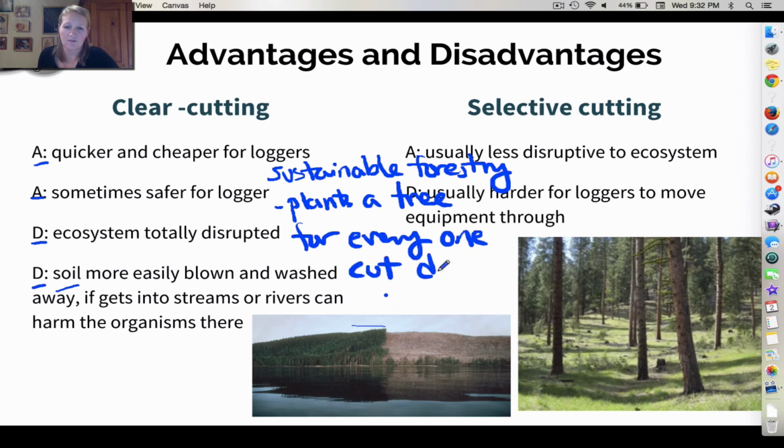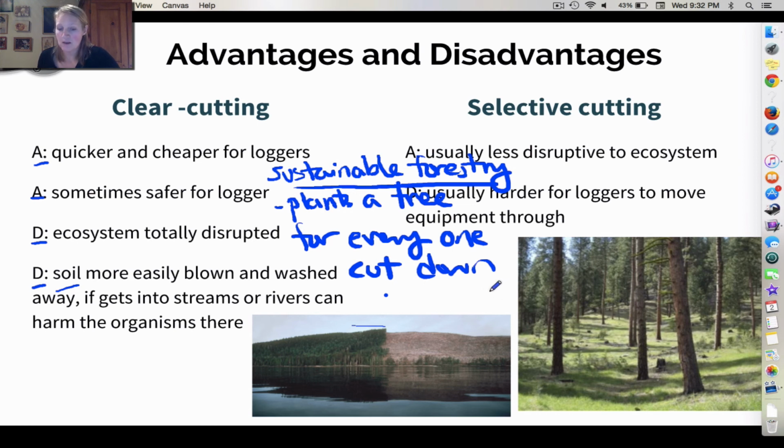And how can that not be sustainable, right? If you cut this down, you plant a tree right next to it and you let it grow, right? So you aren't changing the population of trees. You may be changing the demographics, right? It may be a younger forest, whatever it is, but that's sustainable forestry.